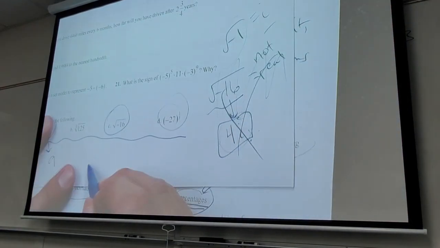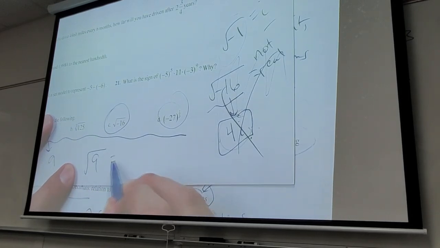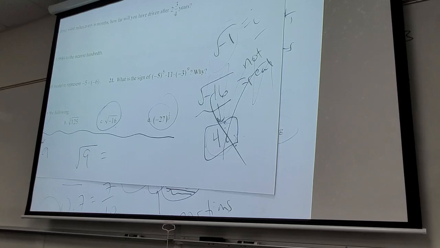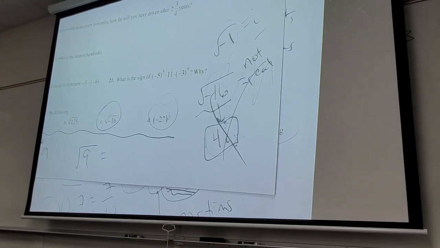Yeah, so let me ask you this. What does the square root really do to 9? Let me say something weird. It cuts 9 in half multiplicatively. If I cut 9 in half additively, I get 4.5. If I cut 9 in half multiplicatively, I get 3 times 3.